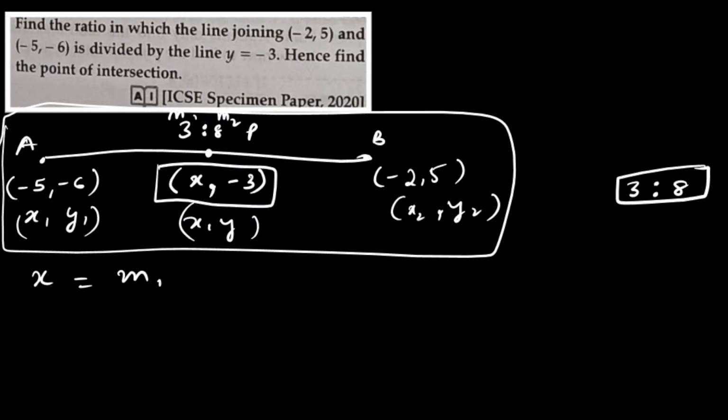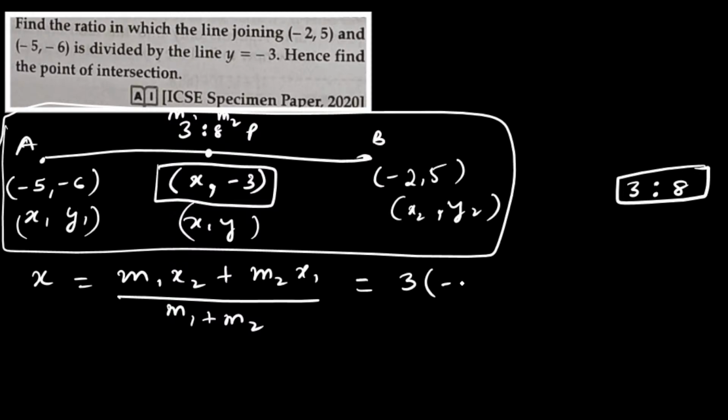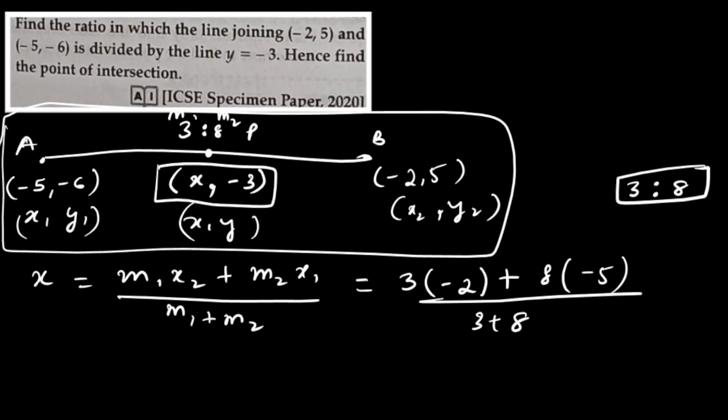M1 X2 plus M2 X1 by M1 plus M2. Let us substitute M1's value 3, X2's value -2, plus M2 is 8 into X1 which is -5, by 3 plus 8.